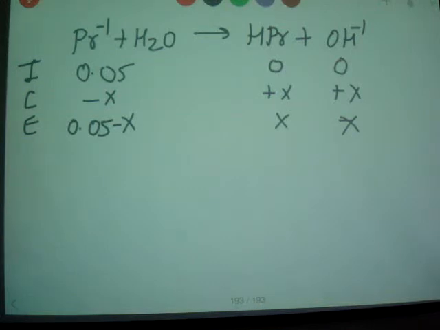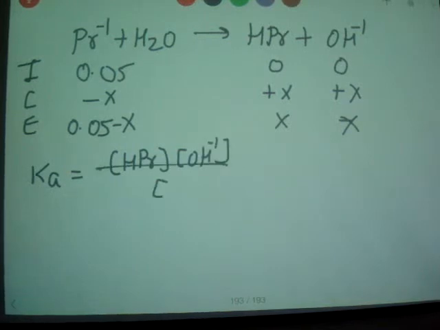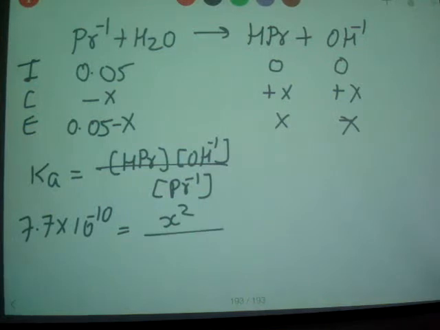Now we are going to write the Kb expression. For this one, it is HPr, OH minus concentration over Pr minus concentration. When we plug that value in, you have Kb, which is 7.7 times 10 to negative 10, equals x squared over 0.05 minus x.